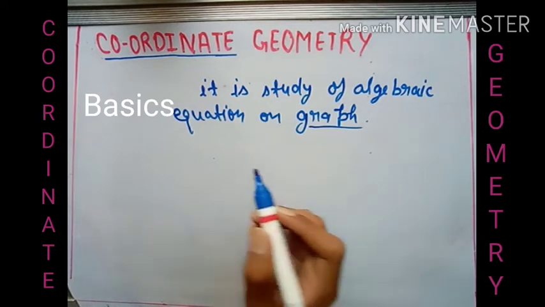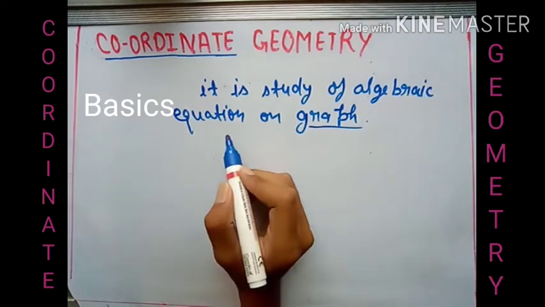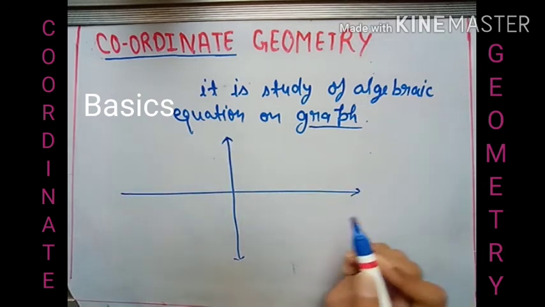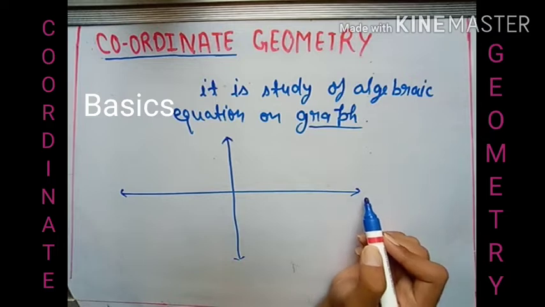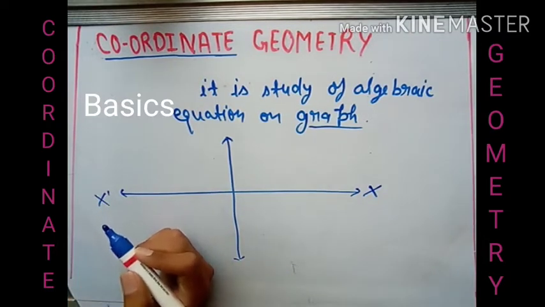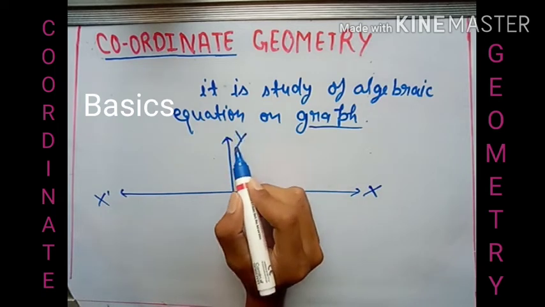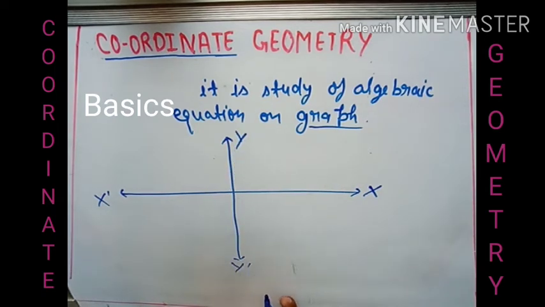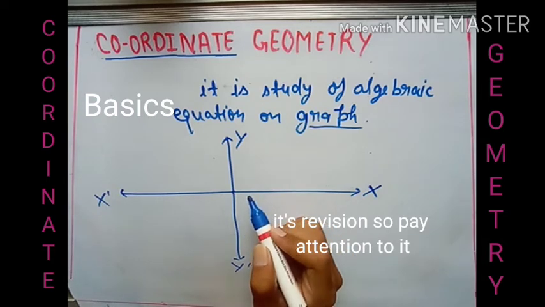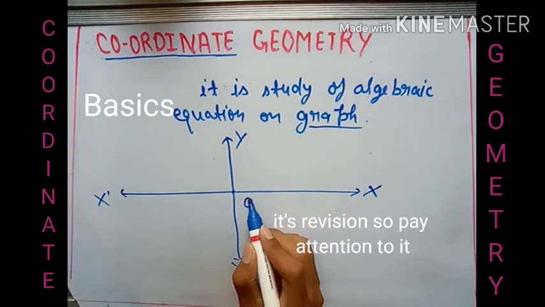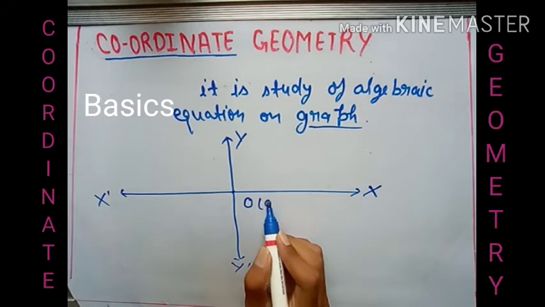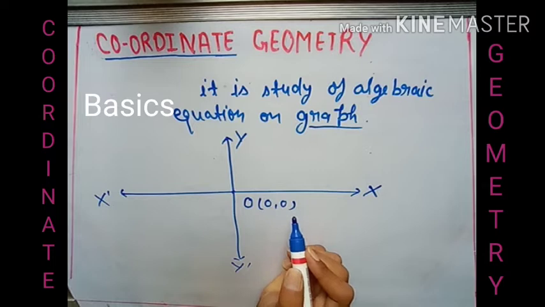First of all, for making the graph, you need a vertical axis and a horizontal axis. The horizontal axis is x and x prime, the vertical axis is y and y prime. The point of intersection of the x-axis and y-axis is termed the origin, denoted by O and taken as (0, 0).